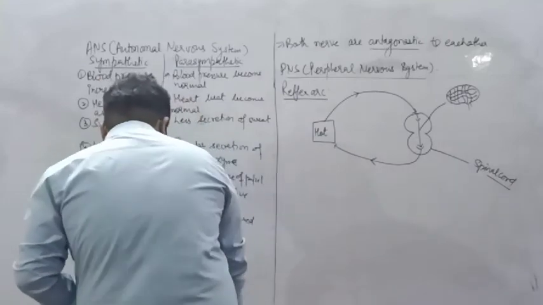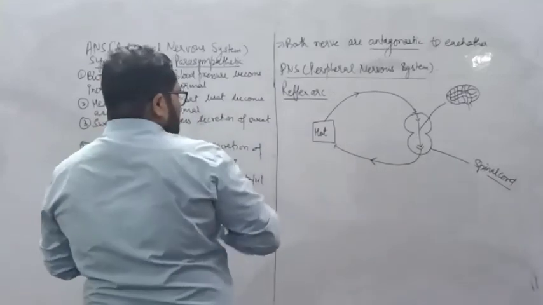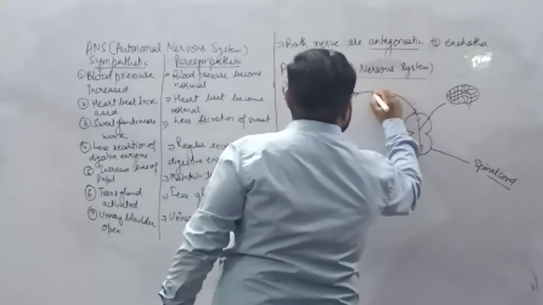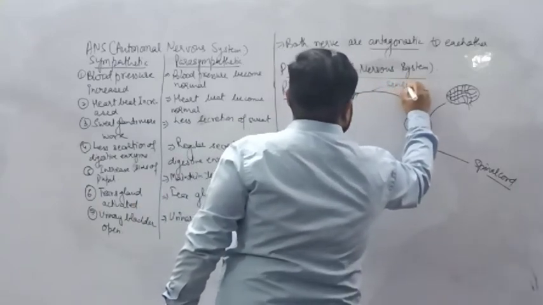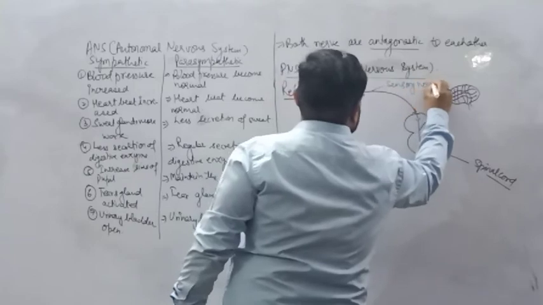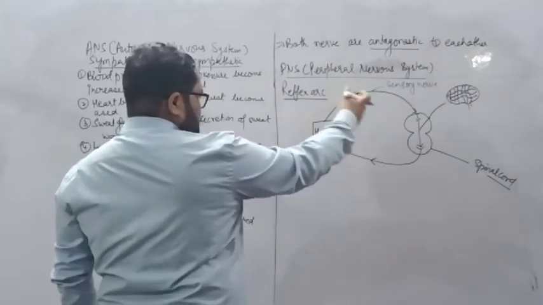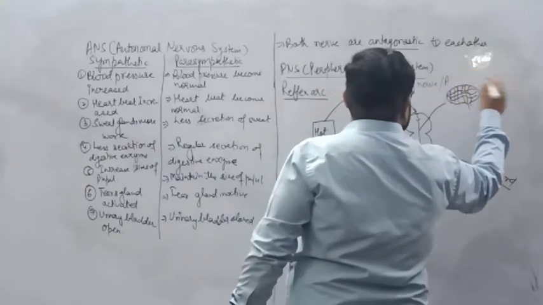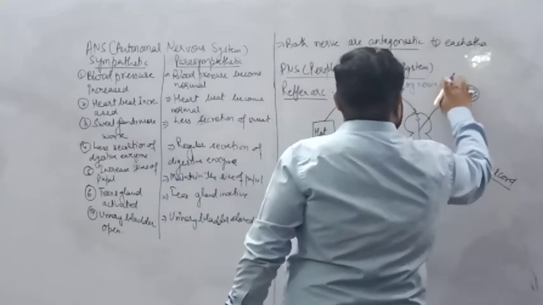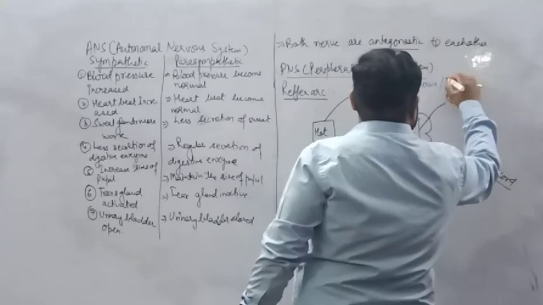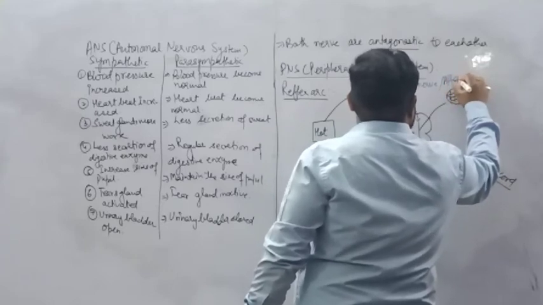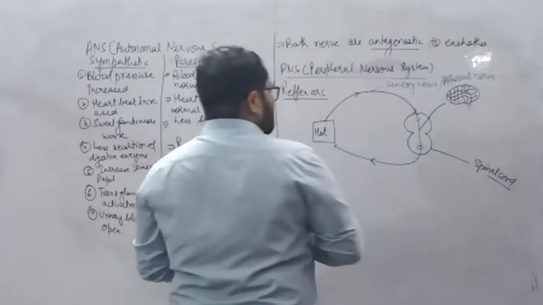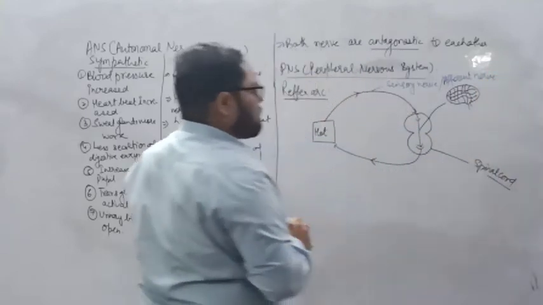Now here you see that firstly this nerve is called sensory nerve. Sensory nerve, it means sensation will be there, or afferent nerve. Okay, clear?